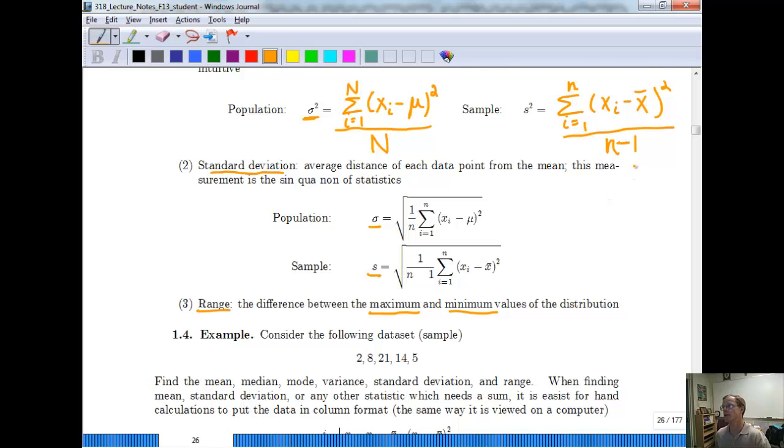We're going to see later that this 1 right here refers to 1 degree of freedom in a t distribution, which is because we've estimated 1 parameter. Now, a heuristic explanation for that is as follows.